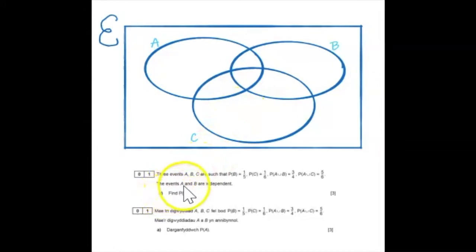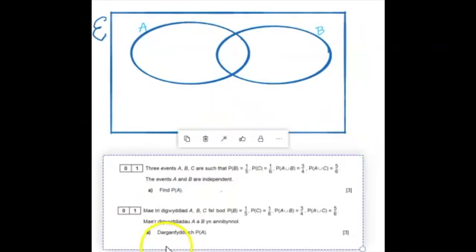But we know that A and B are independent, so this is probably looking at things in a method that is too complicated, so we want to simplify it and just consider sets A and B. So now we're only considering sets A and B. We know A union B is 3/4.